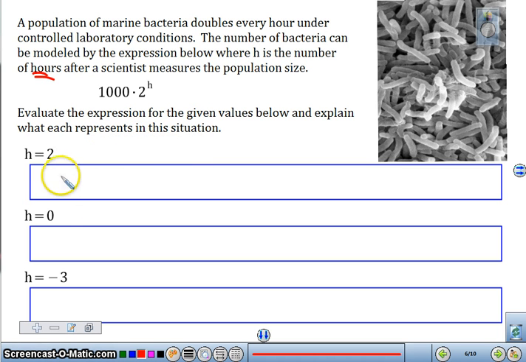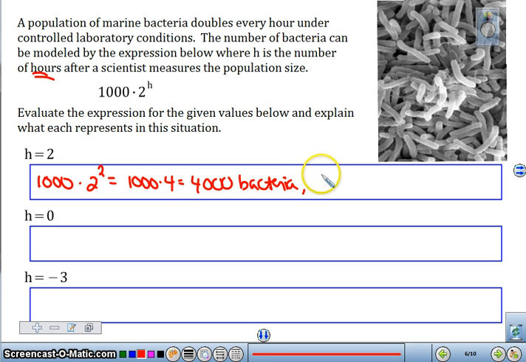So H equals 2, we're going to go back to our equation and put in 1,000 times 2 to the second power. We're replacing H with a 2, which just means 1,000 times 4, which gives us 4,000. And we're talking about what? 4,000 bacteria. Gross, huh?